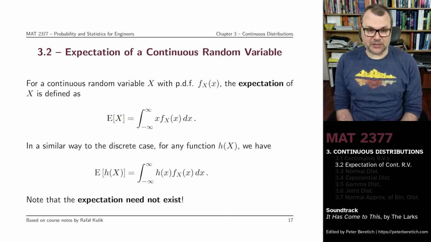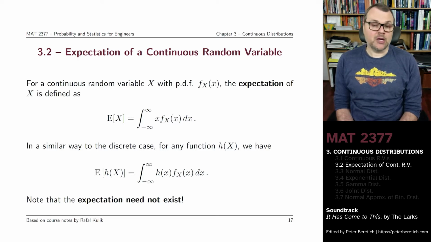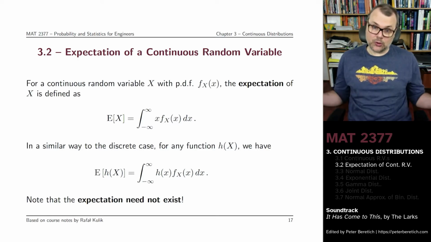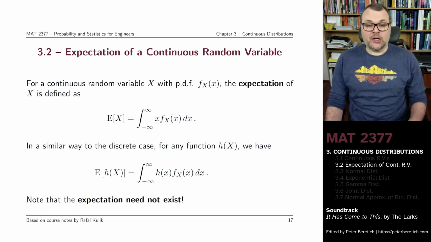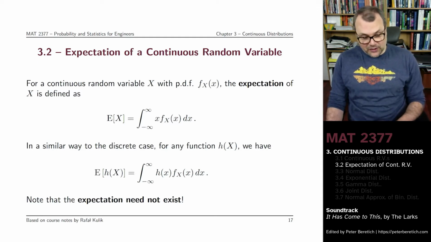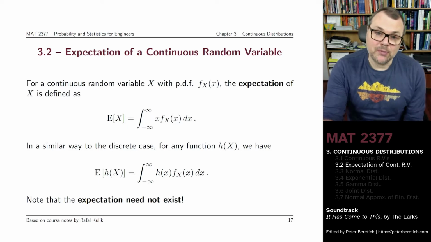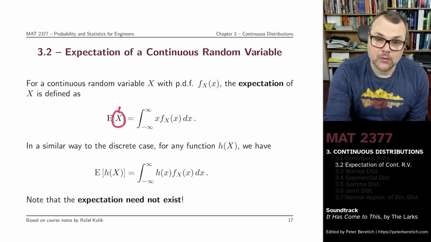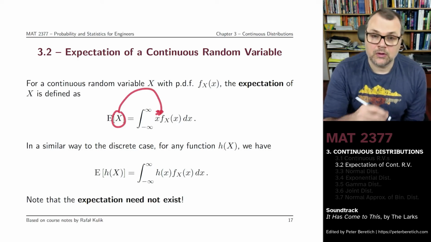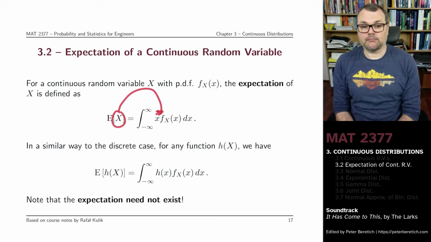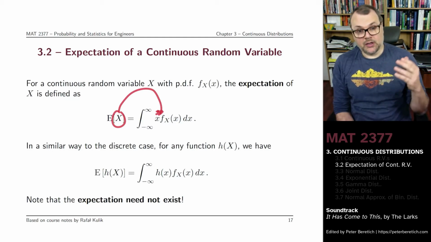So the expectation of the random variable x would be the integral from minus infinity to infinity, so you integrate over the whole domain of the probability density function f at x, which is now weighed by the variable x.